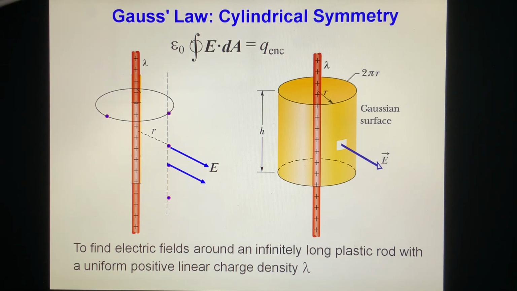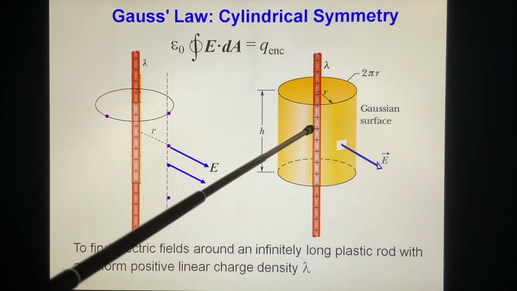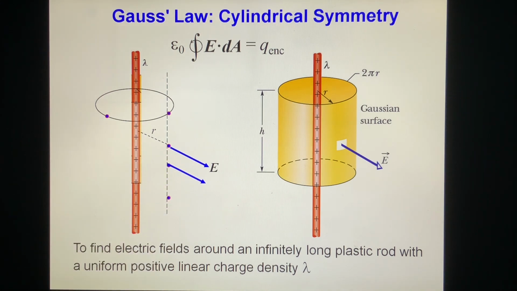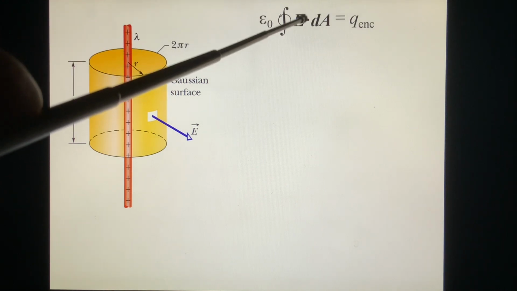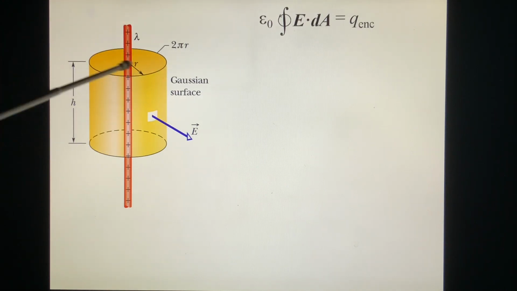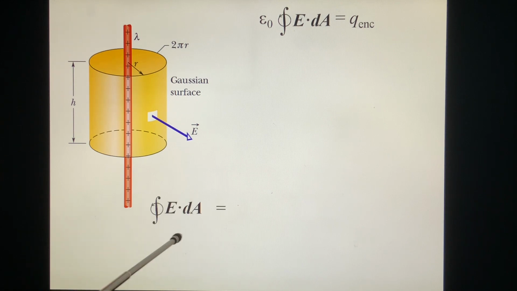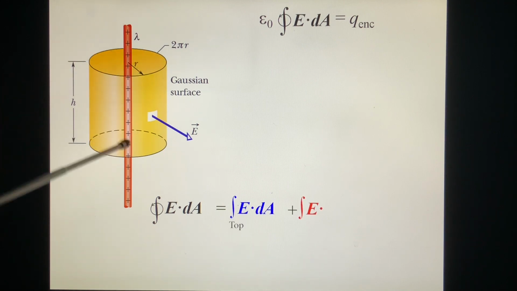Now, we try to use Gauss' law in this cylindrical symmetry situation. We have three surfaces on this closed Gaussian surface. First is the top one, second is the side one, third is the bottom one.